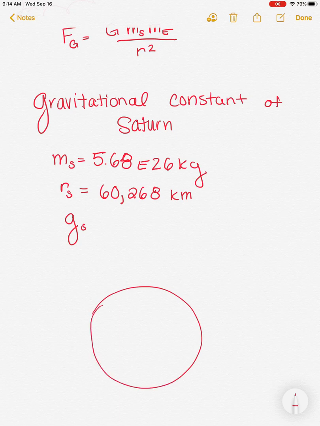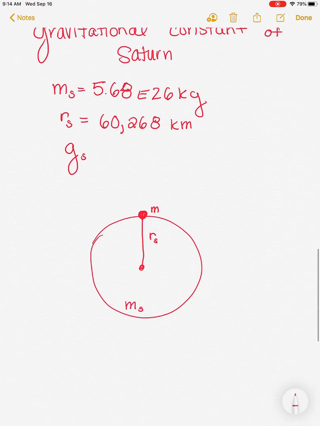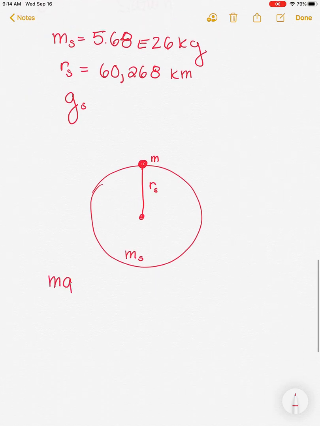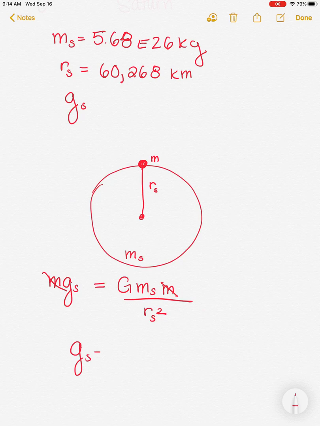Here we would use the same idea as before. We place an object of unknown mass on the surface of Saturn, and we know the radius of Saturn and the mass of Saturn. So we would say the mass times the gravitational constant of Saturn is equal to big G, mass of Saturn, mass of the unknown object, divided by the radius of Saturn squared.